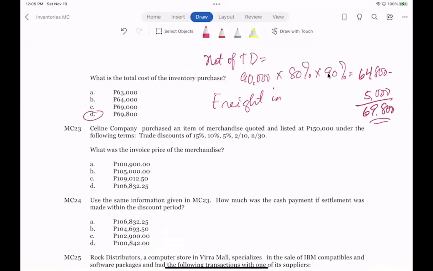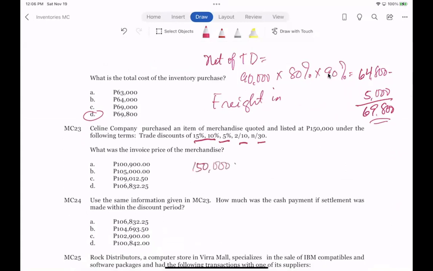Celine Company purchased an item of merchandise quoted and listed at 150,000 under the following terms: trade discounts of 15, 10 and 5, and 2/10, n/30. So what was the invoice price? Only the invoice price is being asked, so that is net of the trade discount.